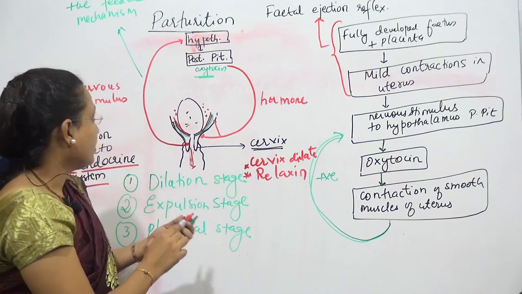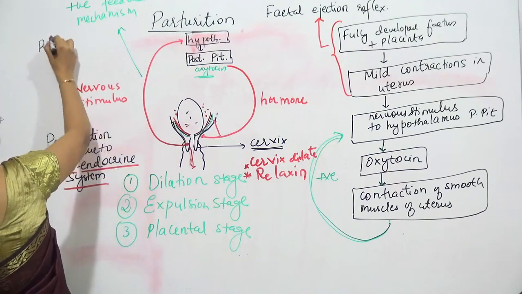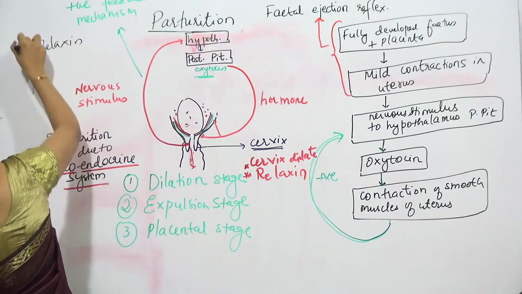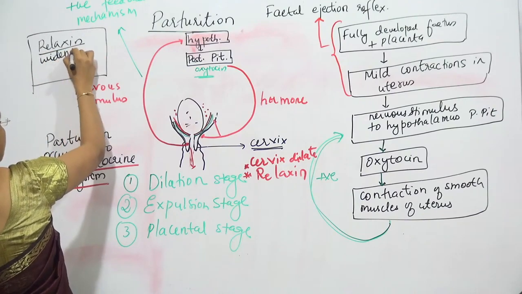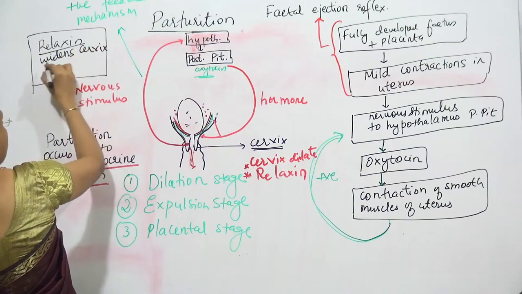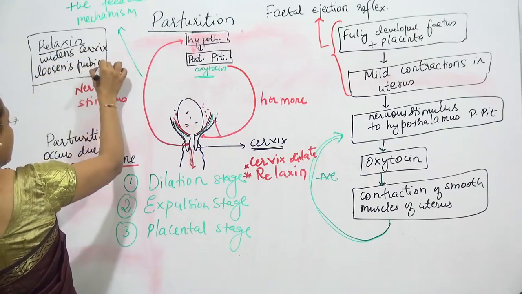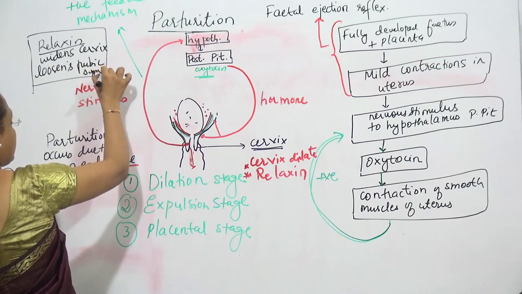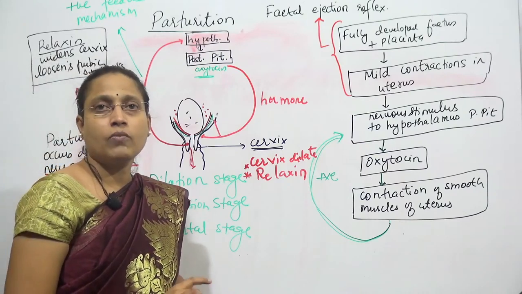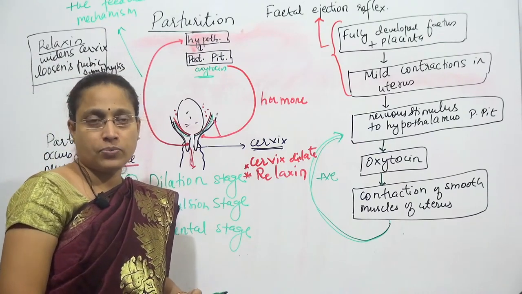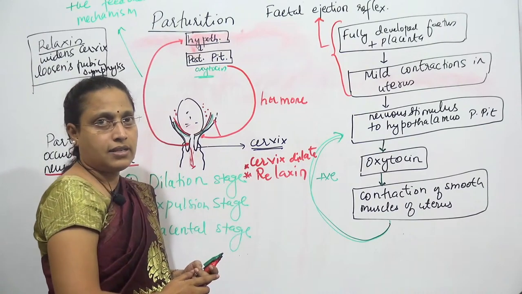So you should know the function of relaxin: it widens the cervix, and second, loosens the pubic symphysis, which you have already studied about in the joints in the first year. So this will be occurring in the dilation stage.